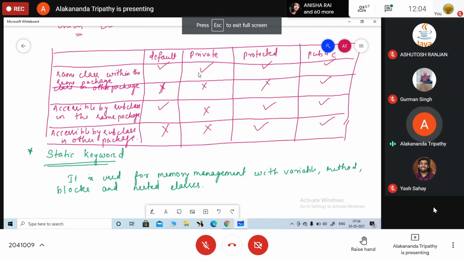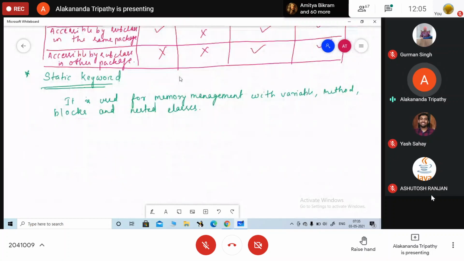Public: if a class, method, or instance variable is declared as public, it can be accessed within the same package, by classes in other packages, and by subclasses in the same package and other packages. The concept of subclass we will discuss after we complete the static keyword.